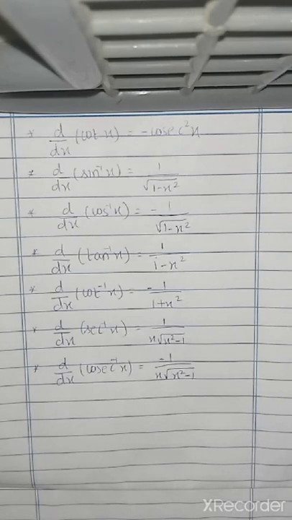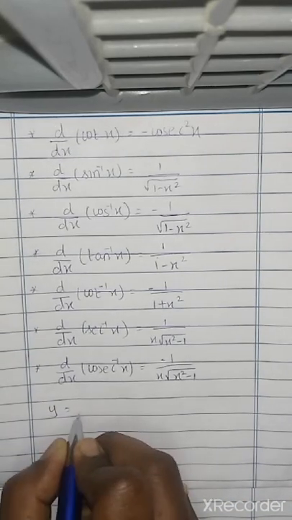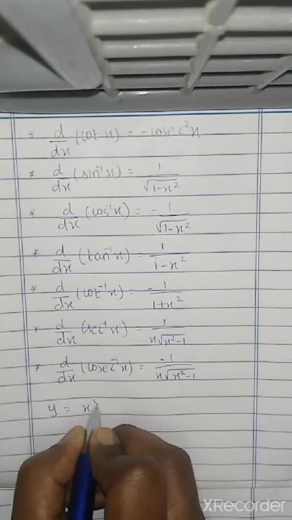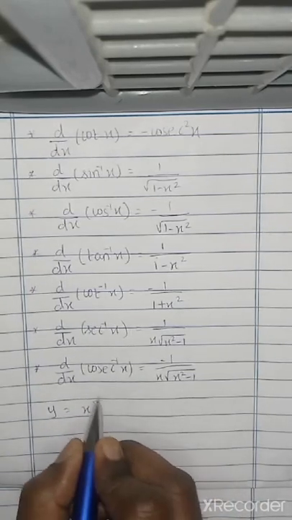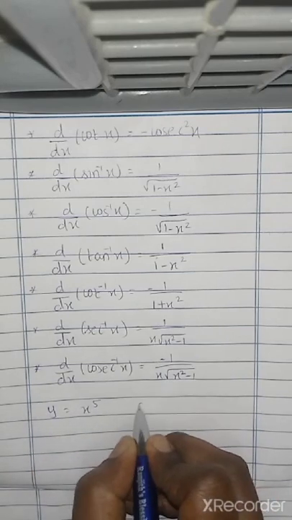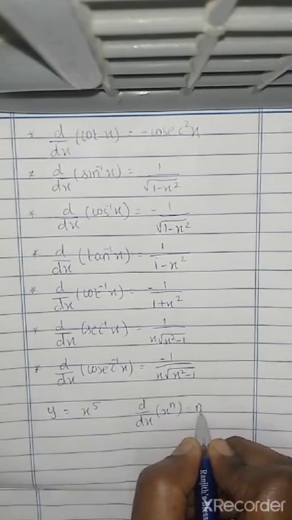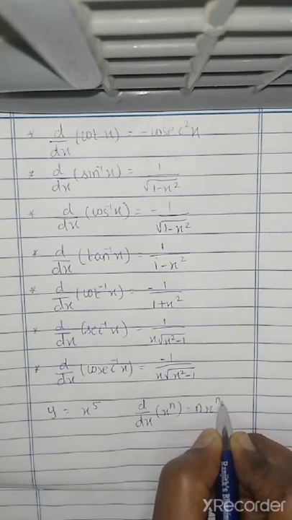These are the basic formulas with which we are going to differentiate the given functions. Just an example, then you can understand. Suppose it is given that y equal to x power 5. If we want to differentiate this, what is the answer for d by dx of x power n? It is n x power n minus 1.